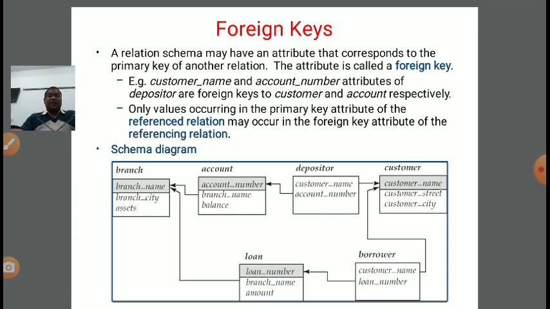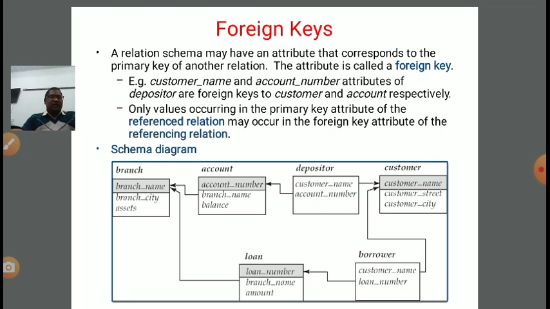Example: suppose customer name and account number attributes of depositor are foreign keys to customer and account respectively. Why? In the customer relation, customer name is the primary key. Similarly, in the account table, account number is the primary key.